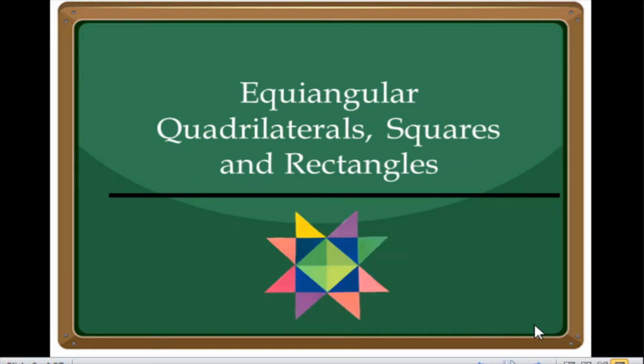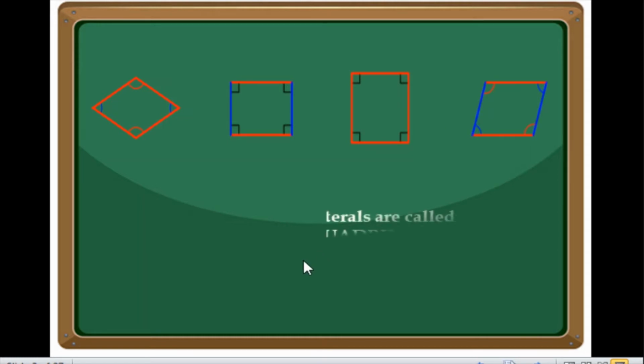What are these objects and shapes? Pictures of these shapes will be flashed on your screen now. Let's read.